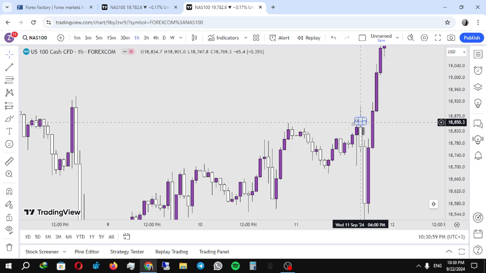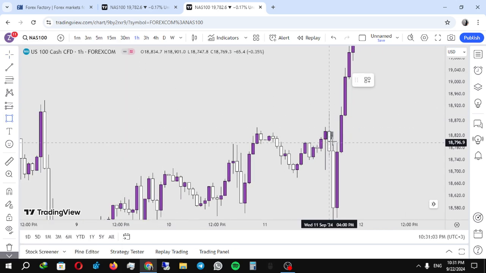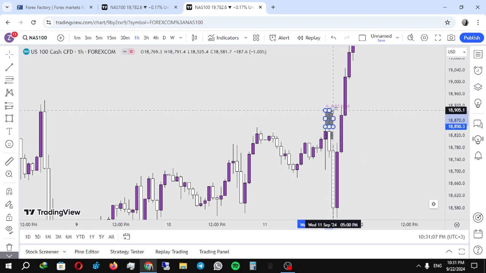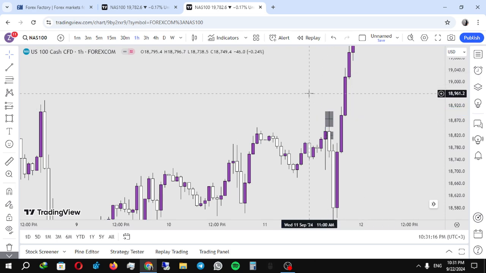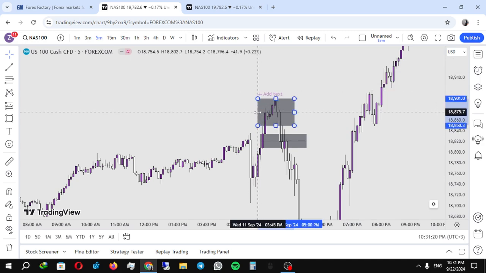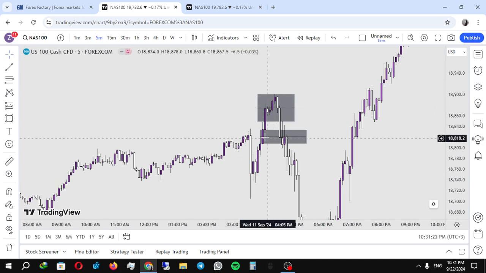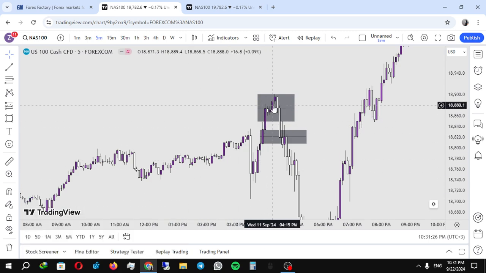But it took out the run stops and the buyers were trapped at this specific box. Price did an immediate reversal, hunting these fair value gaps and turning them into I fair value gaps.